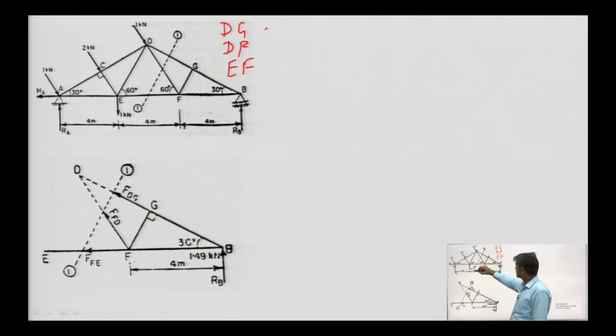We will cut this truss into two parts by this section line. After cutting this, we will get this part of the truss, and in this part what will we get? This support B is here; since this is a roller support, that is why vertical reaction RB is there.